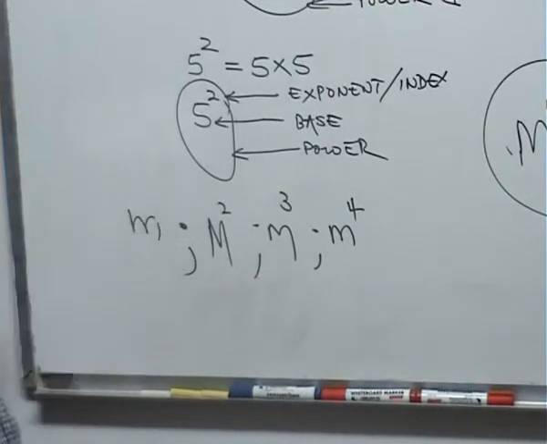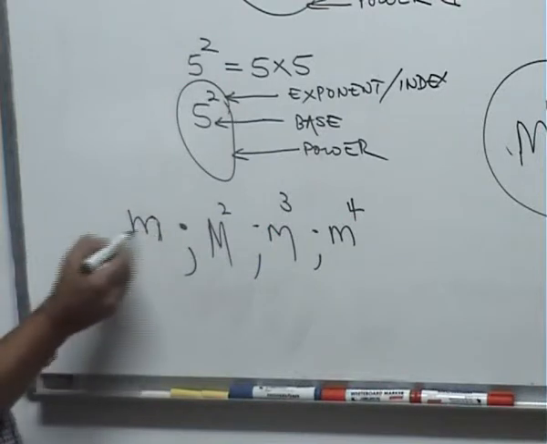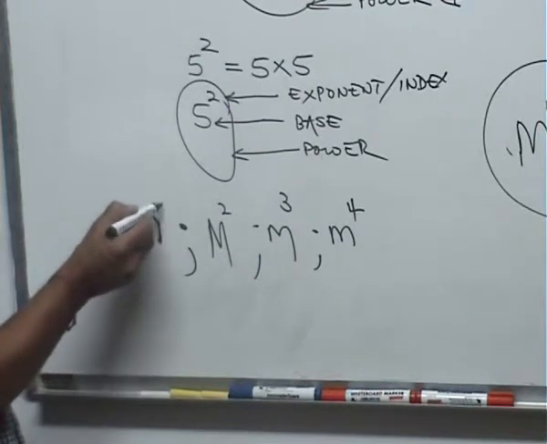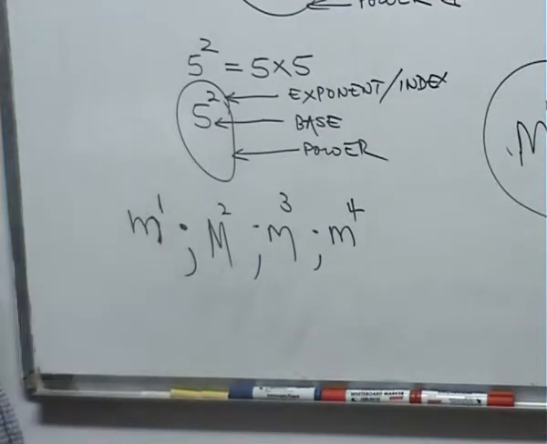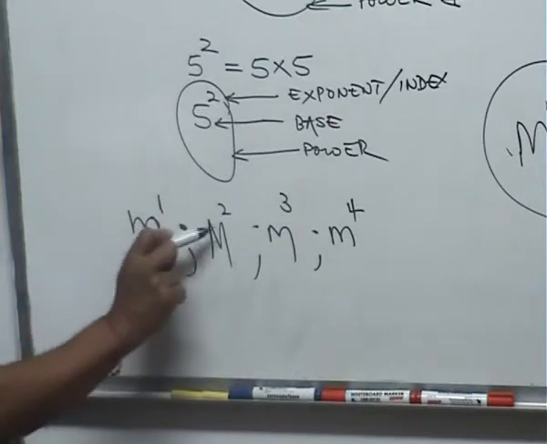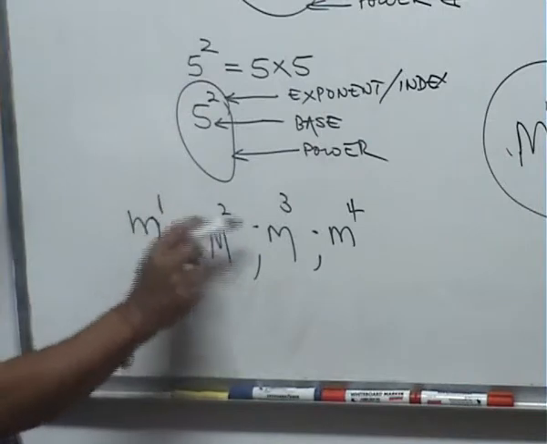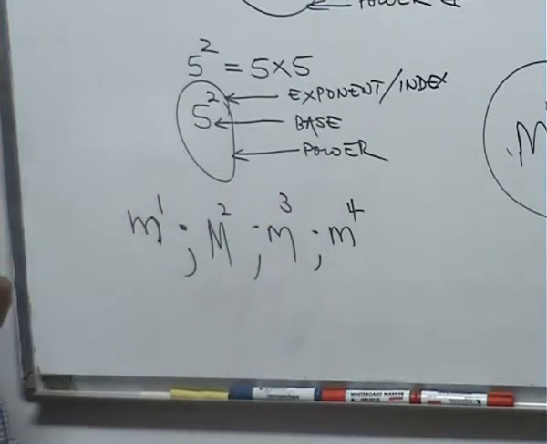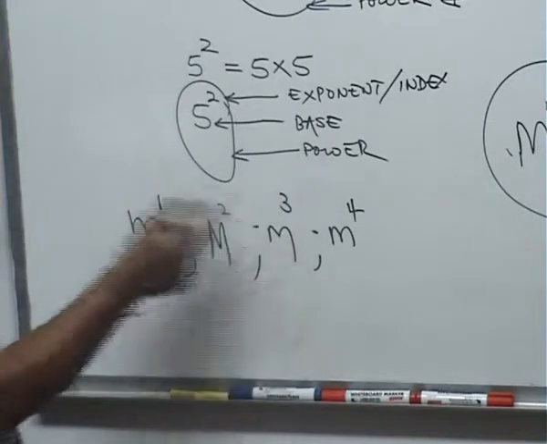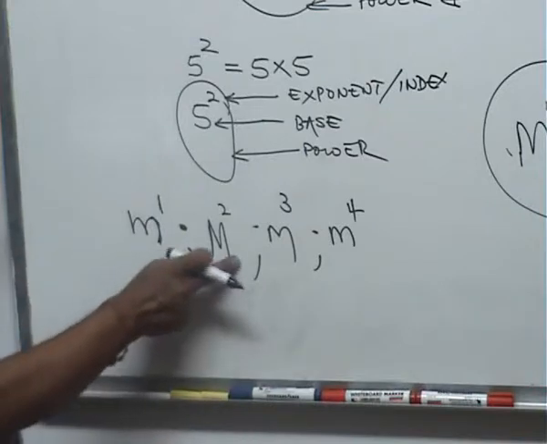The m was written just like that, but the truth is the index 1 is understood. So all these are examples of powers. But obviously these powers are not the same, they are different. This is m1, this is m2, this is m3, m4. So these powers are all different.